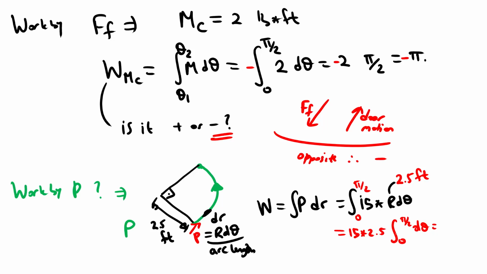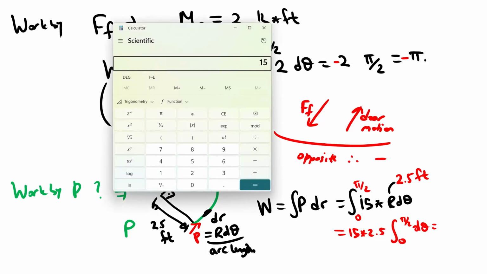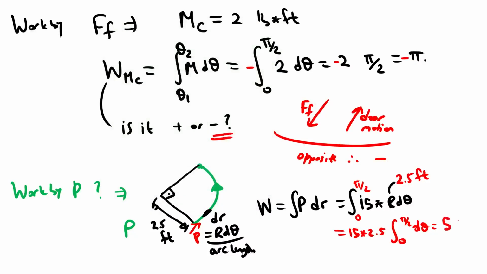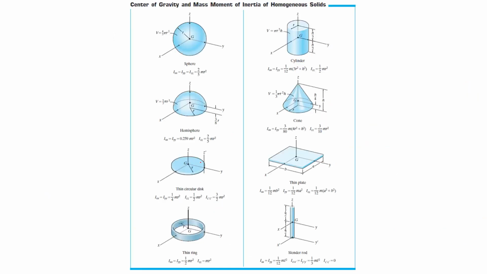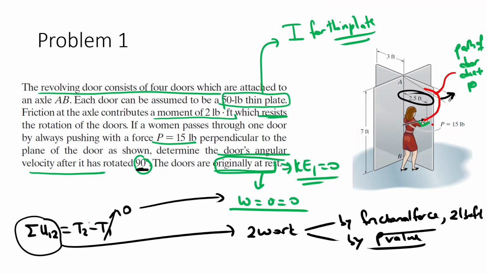That will be 15 times 2.5 times 3.14 by 2, in lb-feet. That's the work due to P. So we have found the work due to the couple moment, which is negative π, that's negative 3.14, and due to P, which is 15 lb times feet, 59 lb-feet due to P.